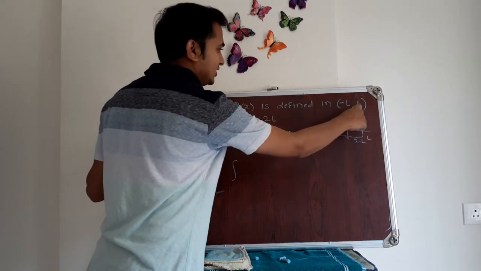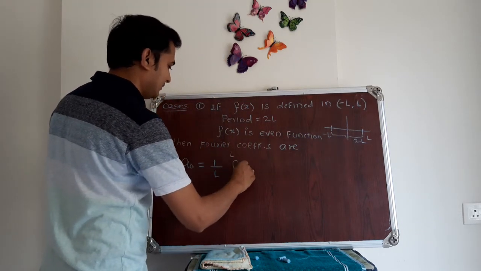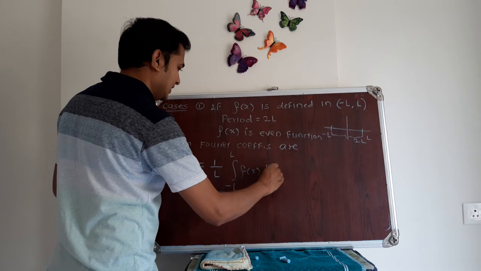This is c, this is c plus 2L, so minus L to L f of x dx.